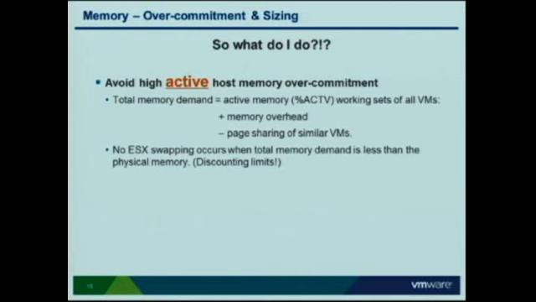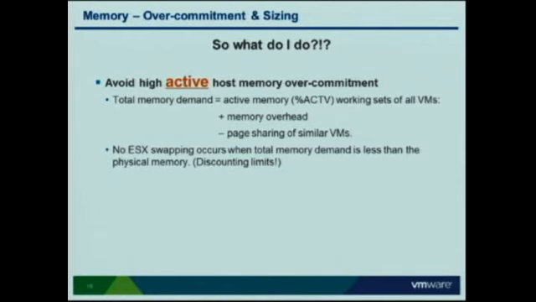This is a reference to transparent page sharing, where if we have a group of similar VMs, there are identical pages in memory that we can just insert a pointer to, and instead of keeping 20 copies of the same page, we only keep one. The rest are all small pointers.